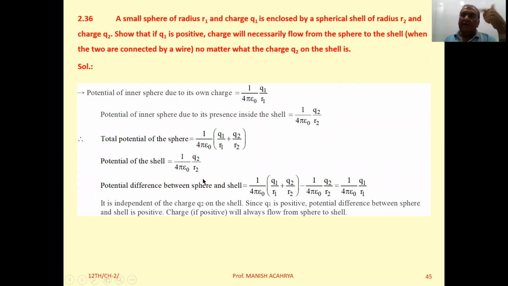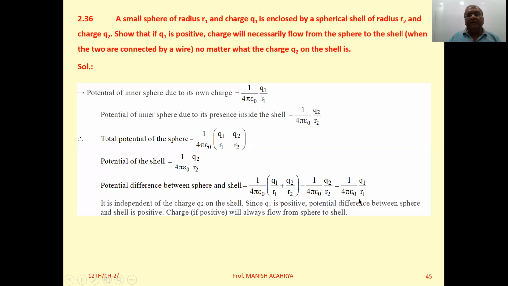And now the potential on the outer shell is 1 upon 4 pi epsilon 0 Q2 upon R2. Now if we take the difference of these two, we will get the resultant potential difference.